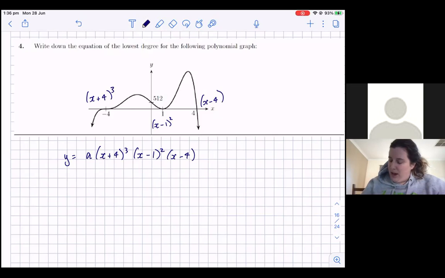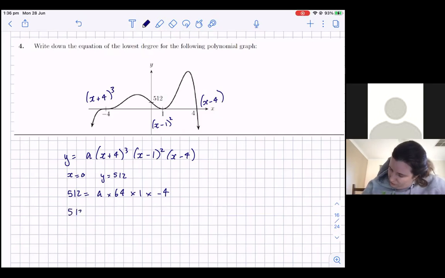What we do know is that that's the y-intercept 512, so x equals 0, y equals 512, and I'm really going to regret not having a calculator. We've got 512 equals a times 0 plus 4 cubed, 64 times 1 times negative 4, 256, so we've got 512 equals negative 256a, so a equals negative 2.